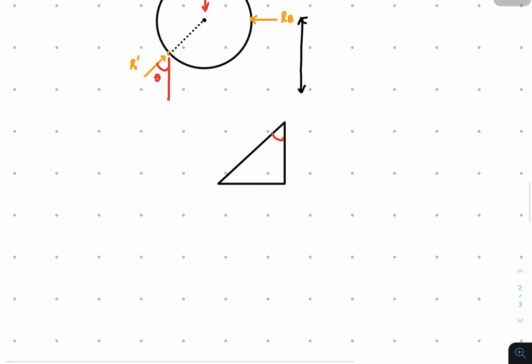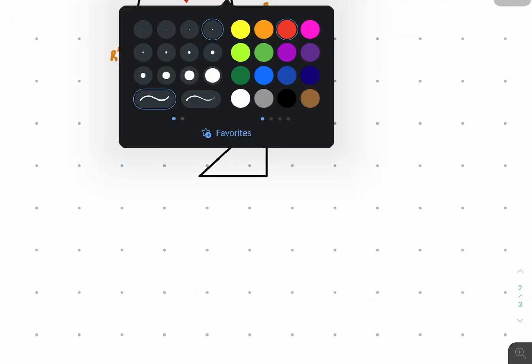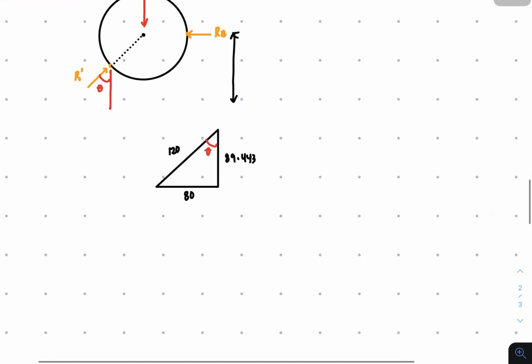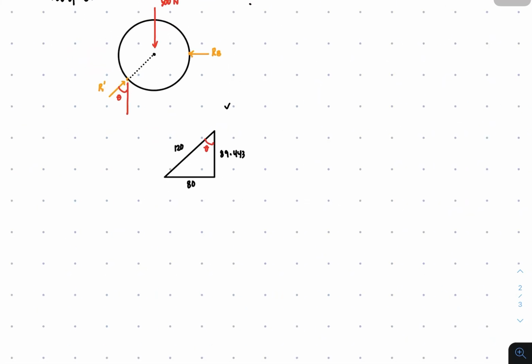So somehow this is also angle theta, but we have these distances, 89.443, we have 80, and we have 120. So how do we solve for theta? So theta is equal to arctangent function of the opposite over adjacent.